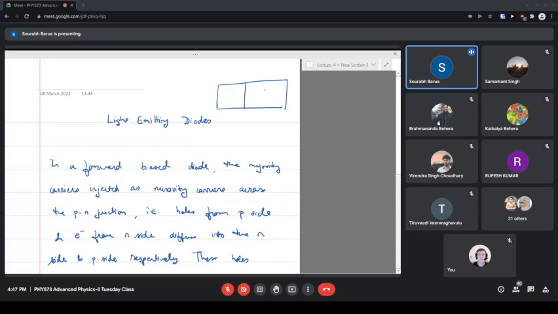So as I said, these holes and electrons recombine and in the process release energy which is equal to the band gap.